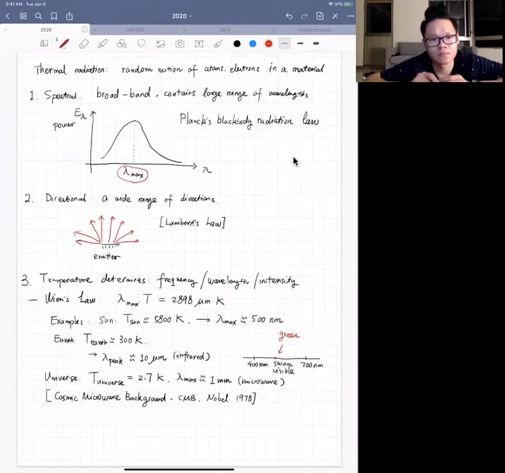Another example I like to talk about is the so-called red hot. If you heat up something to really high temperature, this object starts to glow. For example, molten metal or molten iron, which you sometimes see in steel factories, probably on TV. You can see the molten metal always glows in a kind of reddish color.